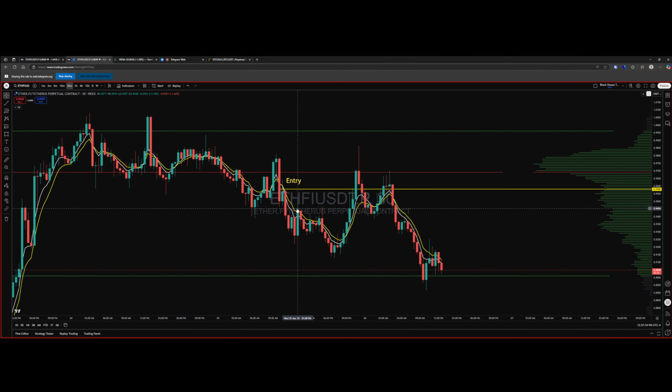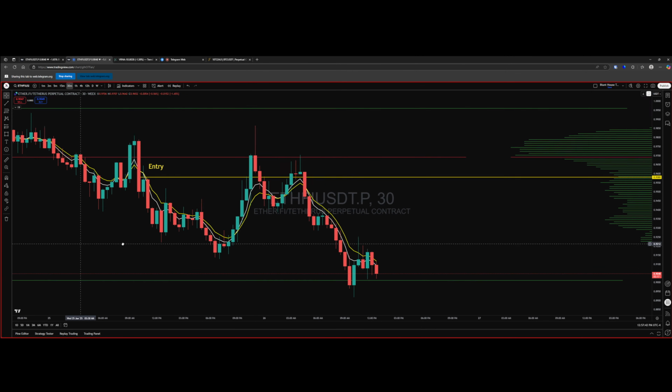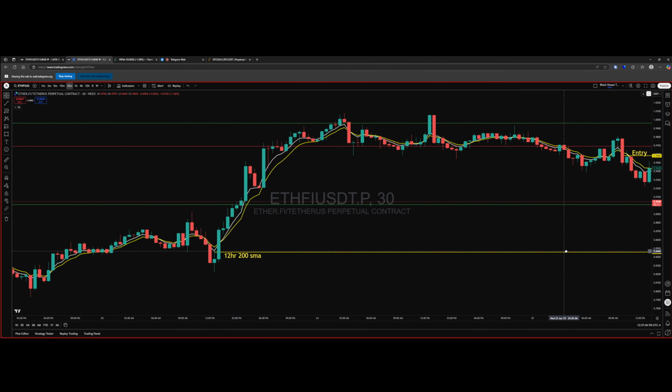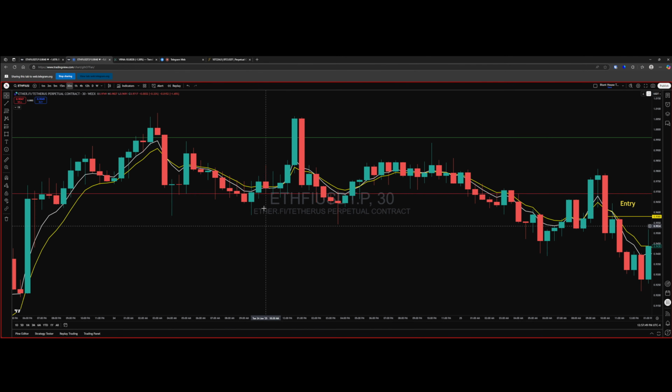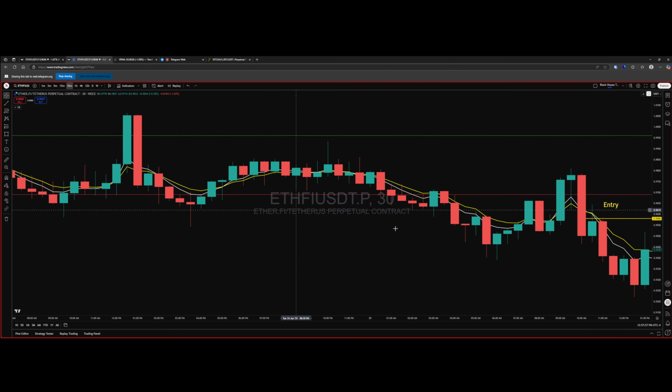So I was short here. I got stopped out on this candle, but we talk about it all the time. If you're short and you get stopped out on a candle like this, what am I looking for? I'm looking to see what this looks like on the right-hand side of that chart.